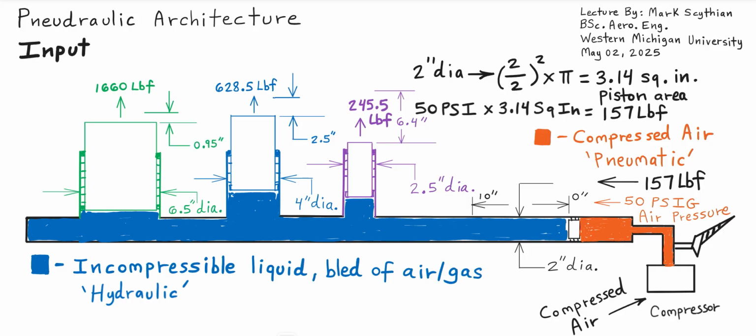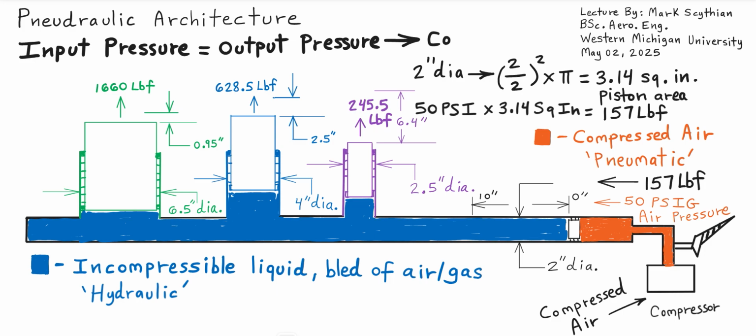So the main takeaway is that once you figure out the input pressure, you'll know all the output pressures. So all you're going to do is multiply it times a different cross-sectional area. And if it's a bigger piston, which it usually is for the output, it's just the ratio of the input force to the output force times whatever the input small piston actuation or displacement is.